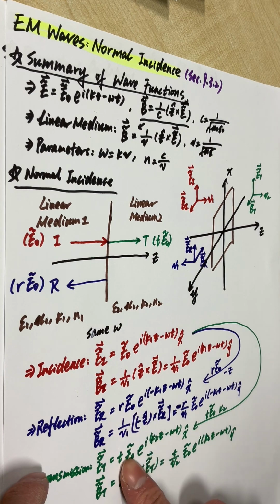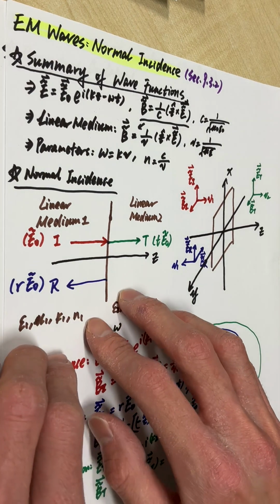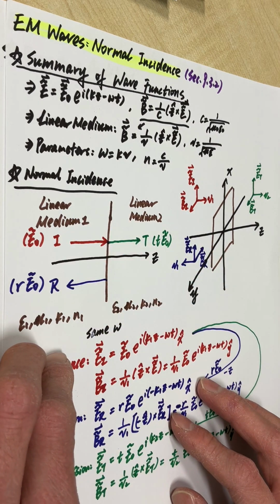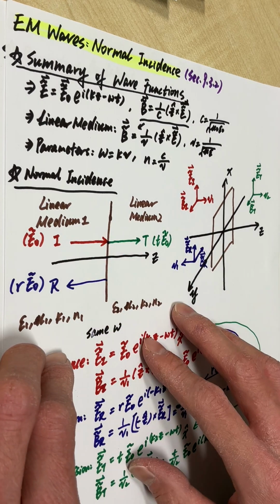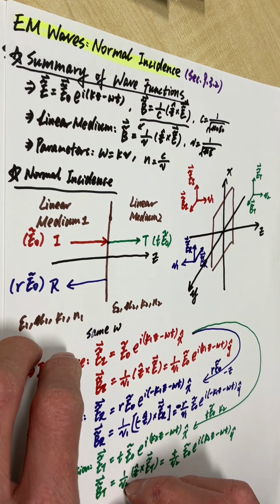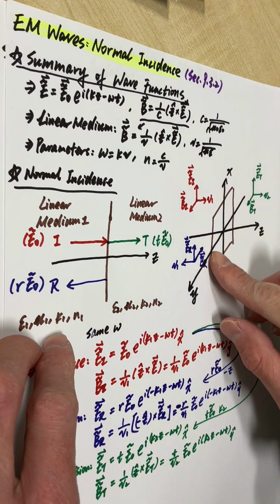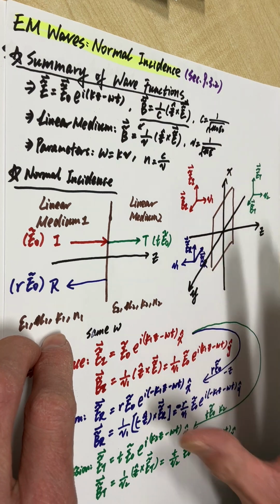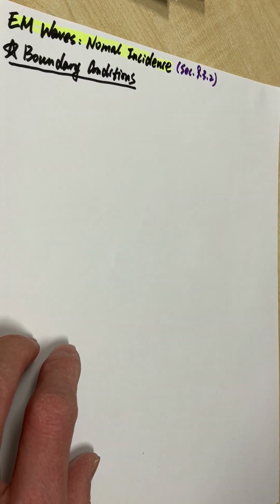So our goal is to express R and T as functions of medium parameters. So we need to establish a relationship between all these three waves. That's why we need to look at boundary conditions, because this boundary is where the three waves meet.